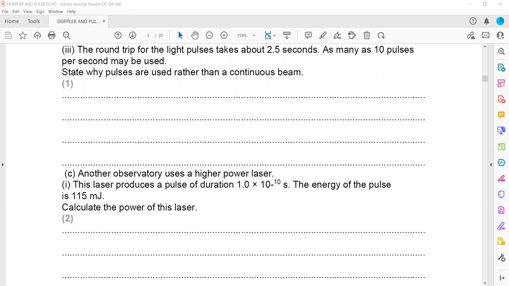So the advantage of using a pulse is that we can tell which pulse is received and matches with the sent pulse. For example, we send one pulse, then we compare when we receive that pulse, then we send the second pulse, so that we can tell which received pulse matches with the sent pulse, or identify the start of the pulse with reference to another feature.